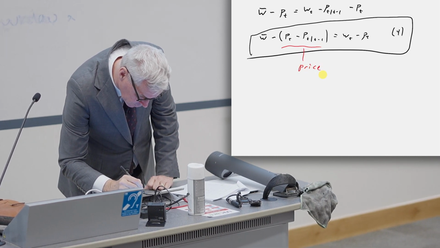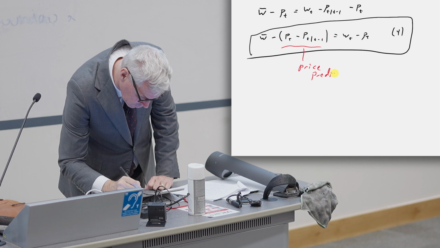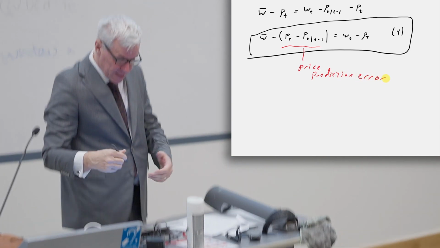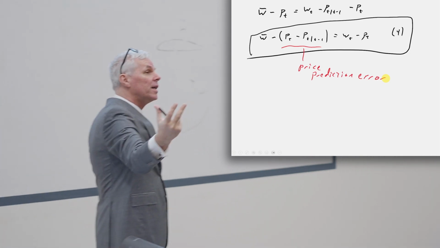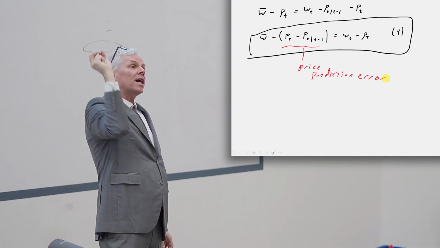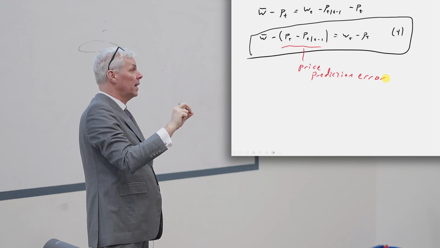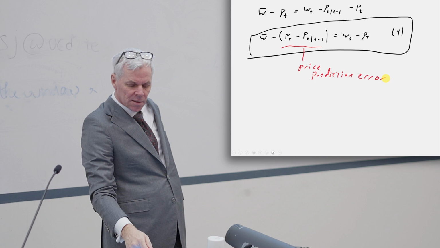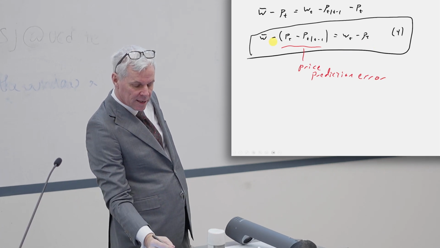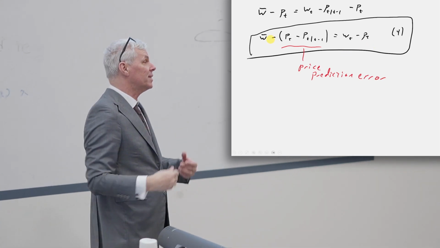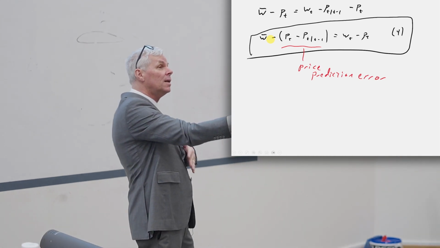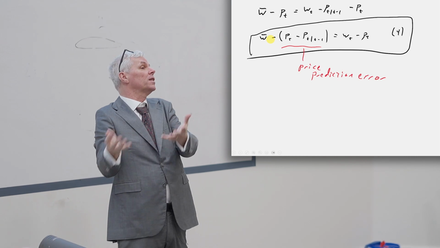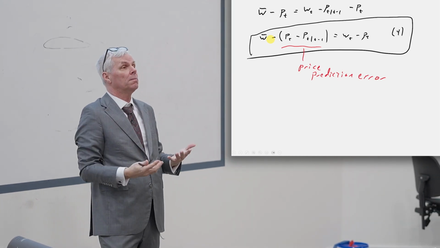Right? So these price prediction errors. p_t given t minus 1 is what we guessed the price would be, and p_t is what it actually turned out to be. Okay? And this is just saying that if the price is higher than what we guessed, then the real wage is low. That's the negative here, right? Which makes sense. We set our wage based on the price we expected, but actual prices were higher, so we got a certain nominal wage, but prices were higher, we can buy less stuff with it. Okay?